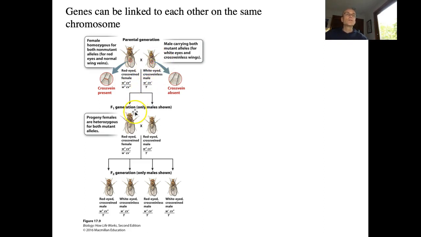So in the first generation, the first offspring generation, the progeny females are heterozygous for both mutant alleles. So let's look at that. We have the red-eyed, cross-veined females, and you see that they're heterozygous because you have the plus on the top and the minus on the bottom. So that's one of the chromosomes, and that is the other chromosome, right?